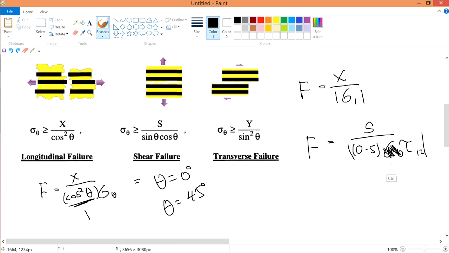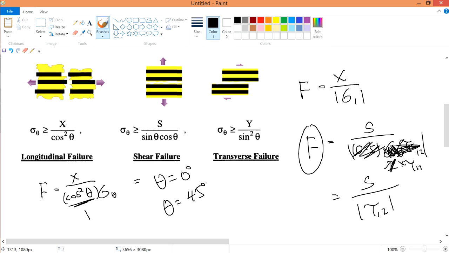So it is 2 times this thing, and the 2 and the 0.5 cancel out, and you will have S 1, 2. This is how you calculate the factor of safety if you have an angle of 45 degrees for your shearing.